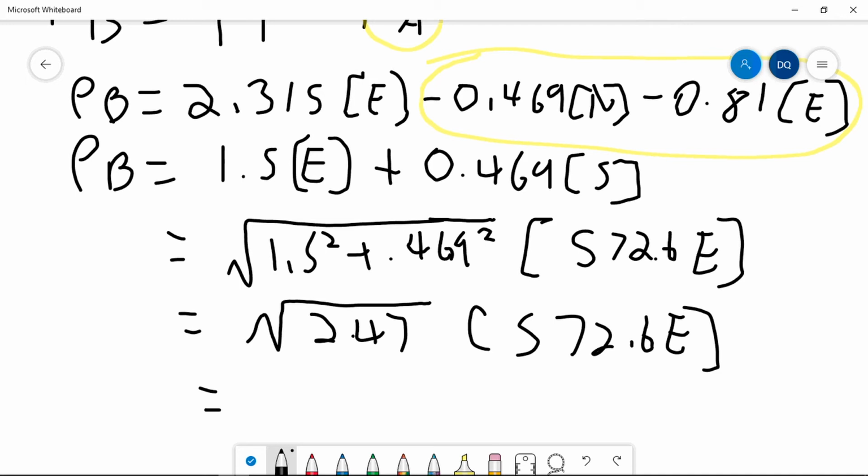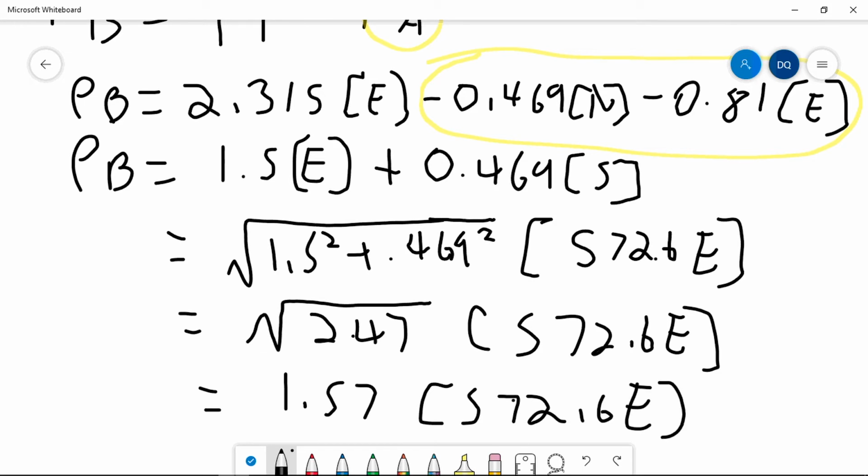So that's 1.57 kilogram meters per second south, 72.6 degrees east.